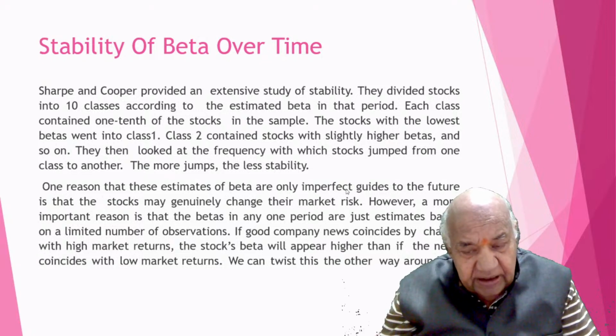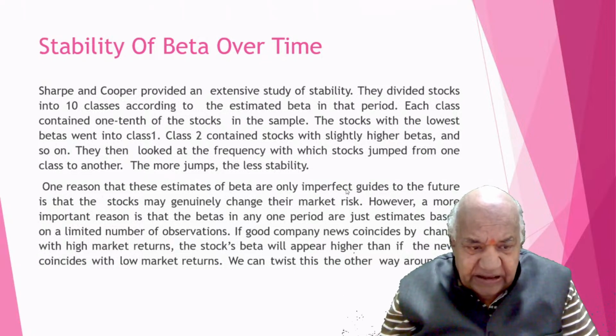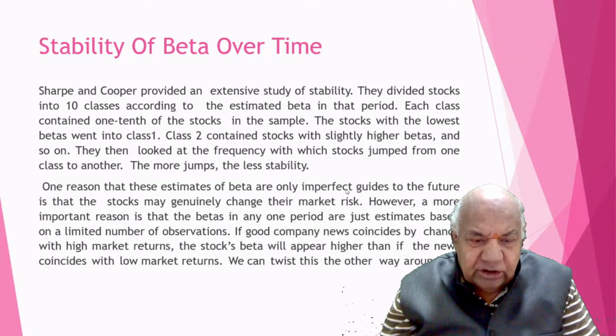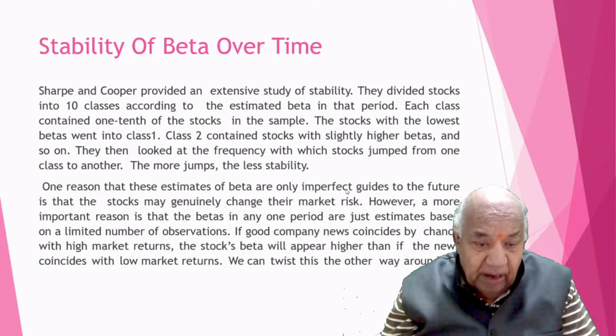If good company news coincides by chance with higher market returns, the stock's beta will appear higher than if the news coincides with low market returns.